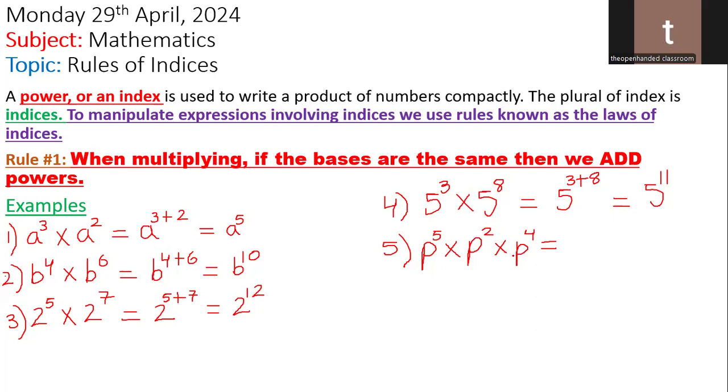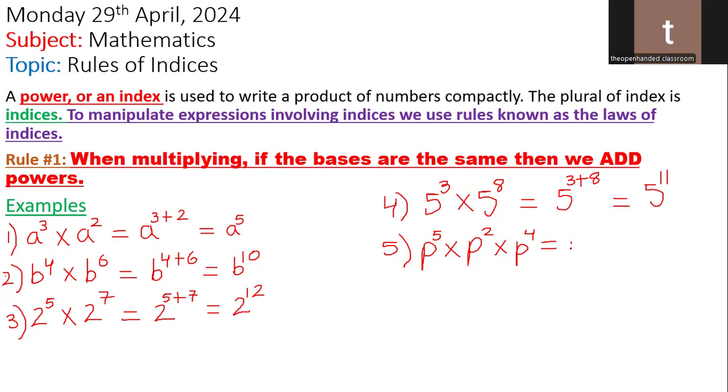How would we do that? So we have P to the power of 5, P to the power of 2, P to the power of 4. That's going to be what?